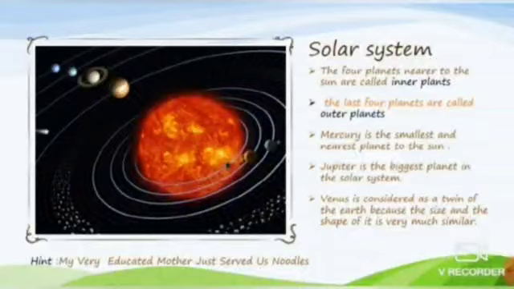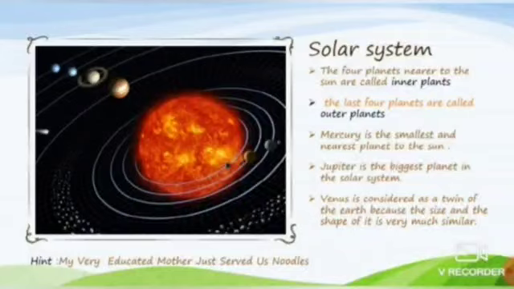Mercury is the nearest planet to the Sun. Venus is considered as its twin because its size and shape are very much similar to that of the Earth.